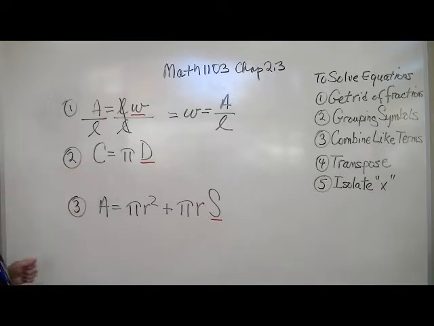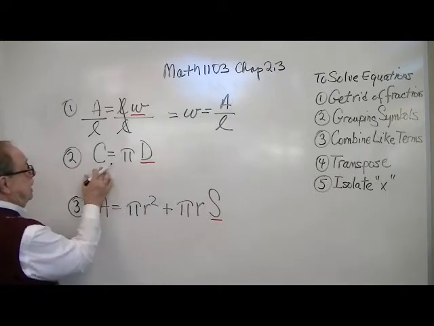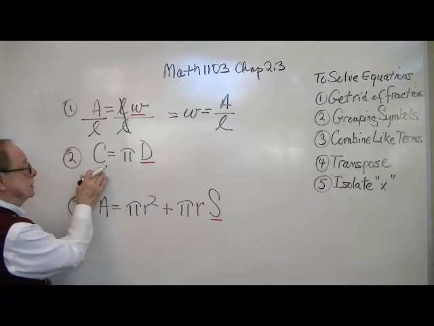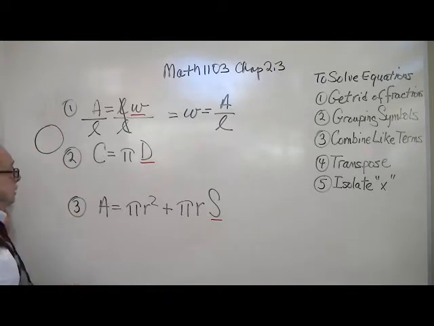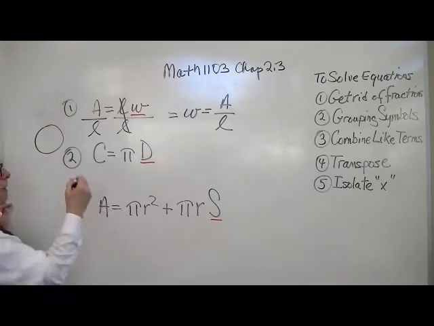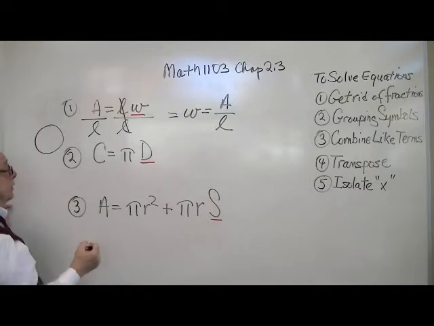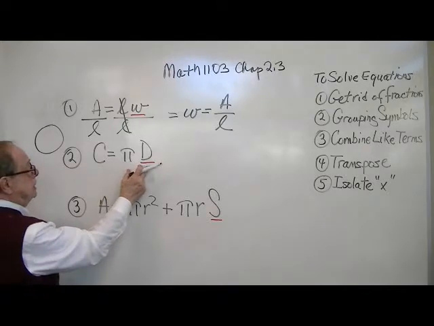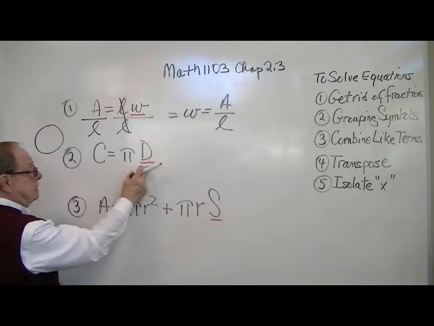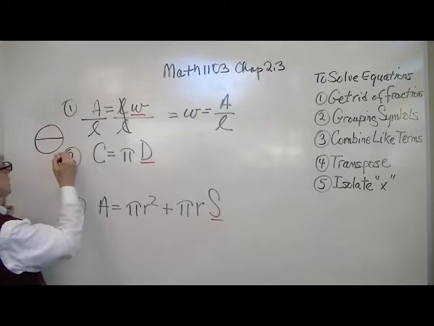Well, this one is very similar. We want to solve for D, and by the way, this is the circumference formula, the distance around a circle, the perimeter of a circle, pi d. D is the diameter of the circle.